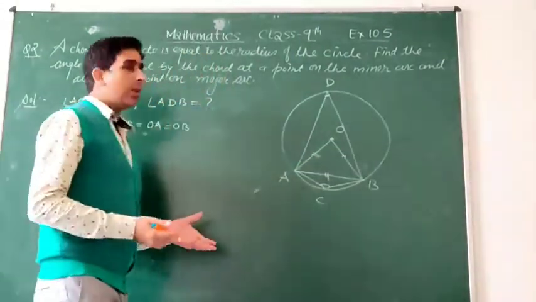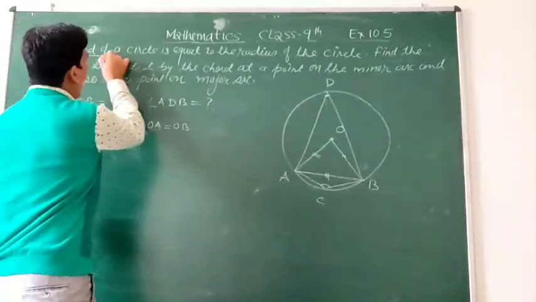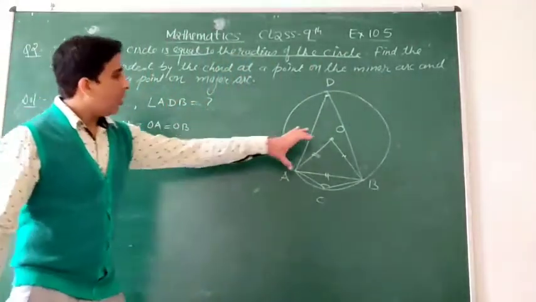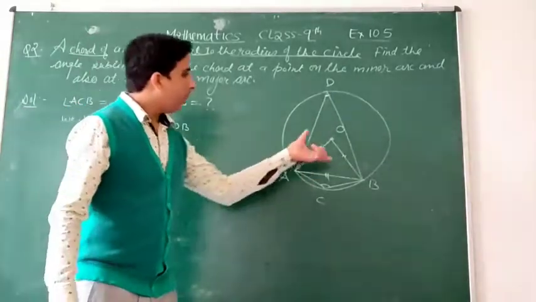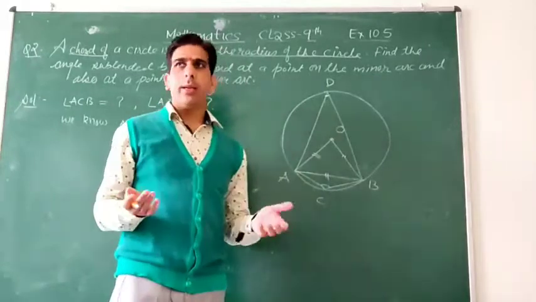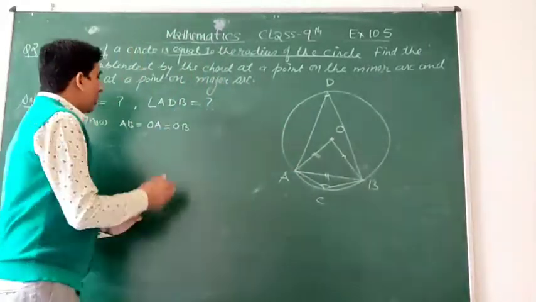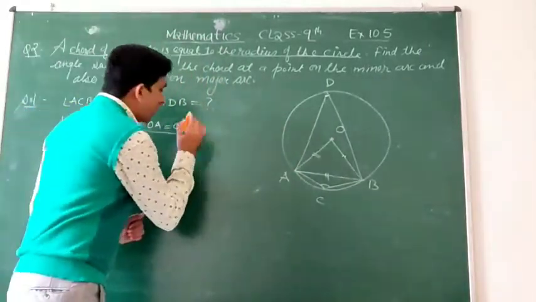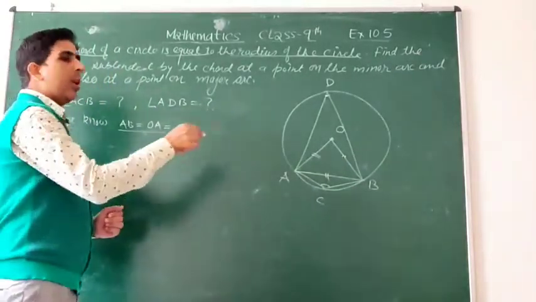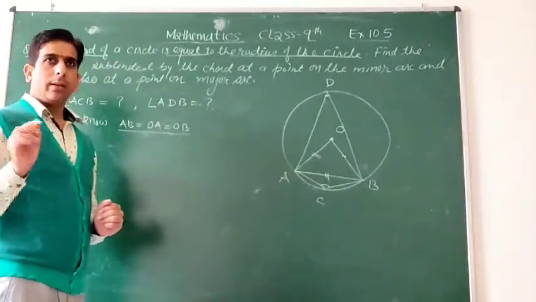This is given in the question: the chord is equal to the radius of the circle. OA is a radius, OB is a radius, and AB is the chord, and the chord is equal to the radius. So AB is equal to OA is equal to OB. Here we can conclude OAB is an equilateral triangle.